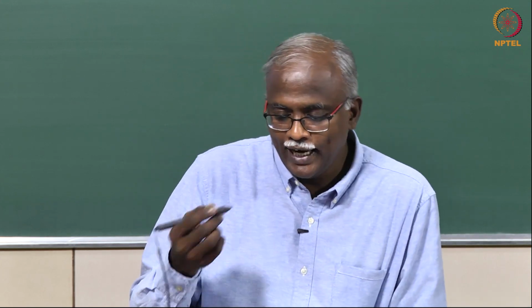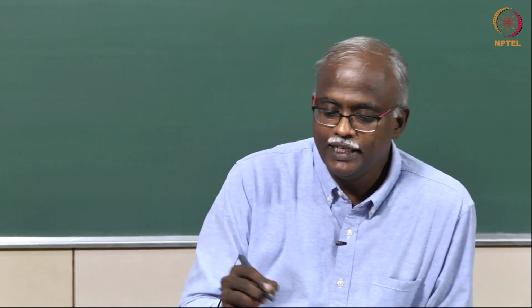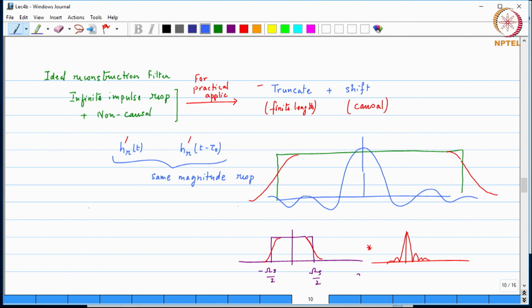So, what we can achieve in practice is a reconstruction filter which has the Nyquist properties, that is the corresponding zero crossings, but has a response that looks a little smoothed out on the sides. Okay. Now, notice that the cutoff point is omega s by 2 plus epsilon, it is slightly larger.